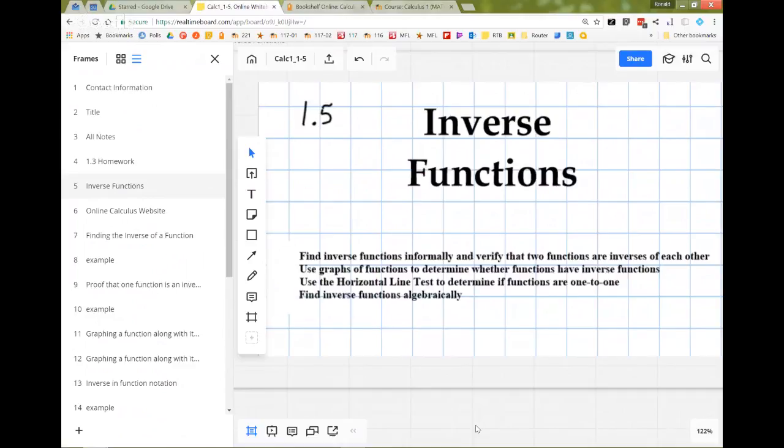Secondly, use graphs of functions to determine whether functions have inverse functions. Third, use the horizontal line test to determine if functions are one-to-one. And then find inverse functions algebraically. Those are the four things we're going to try to show today.